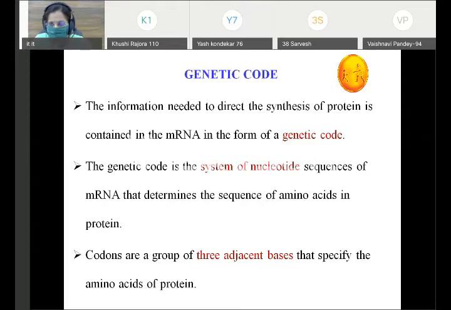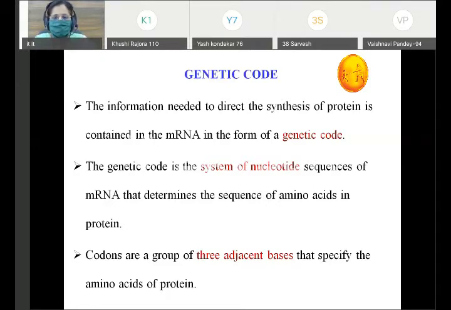As we all know, the central dogma of life: DNA replicates on itself, then there is a process of transcription in which there is a synthesis of mRNA, and then there is a process of translation, that is synthesis of protein from messenger RNA. So the information which is needed for the synthesis of protein is carried by the messenger RNA in the form of genetic code.